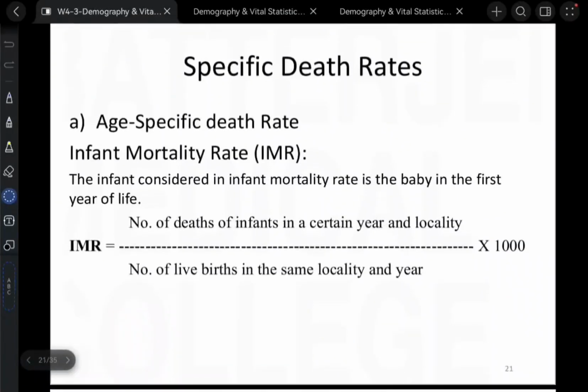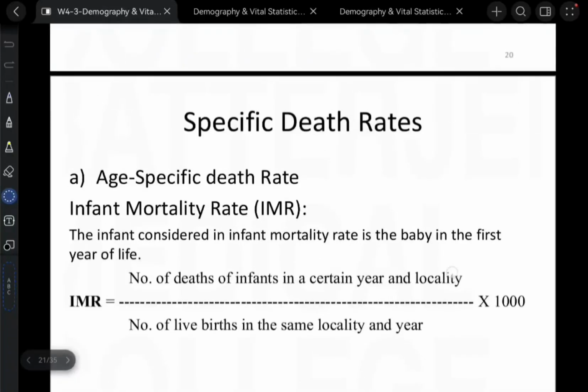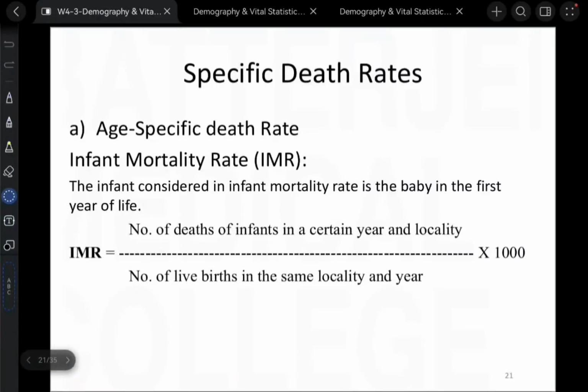Specific death rates. Now, like we had specific fertility rates, we have specific death rates. So we start with the age-specific death rate. Here we're going to talk mainly about the infant mortality rate, and we have a lot of definitions here that we need to remember and focus on. The infant mortality rate, IMR, considers the baby in the first year of life, so from birth to 12 months.